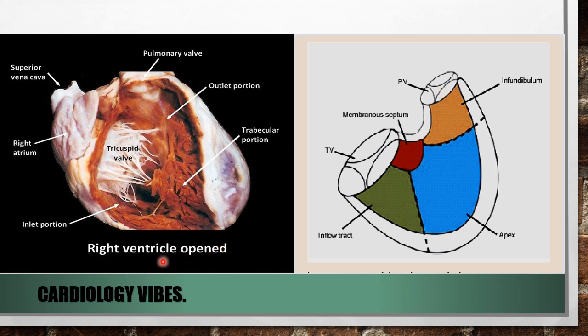This is when the right ventricle is opened anatomically, and this is the trabeculated portion of the right ventricle. This is the inlet portion. These are the cusps of the tricuspid valve with the chordae. These are the chordae, and these are the papillary muscles. This is the outlet portion, the pulmonary valve, the superior vena cava, the right atrium, and this is the atrioventricular groove.